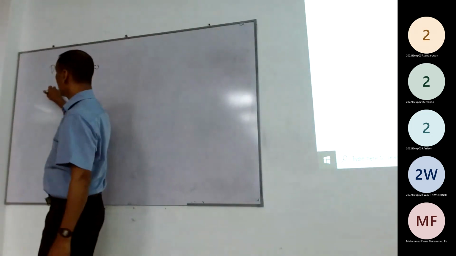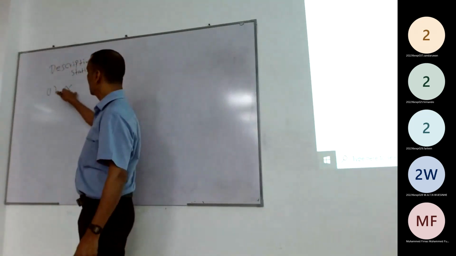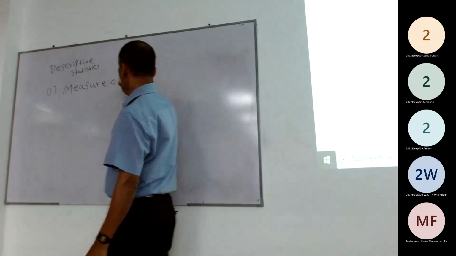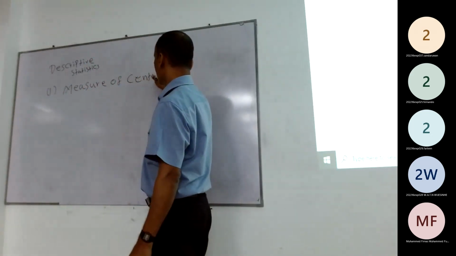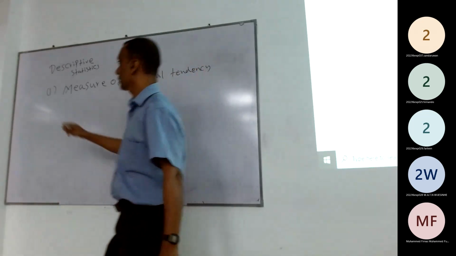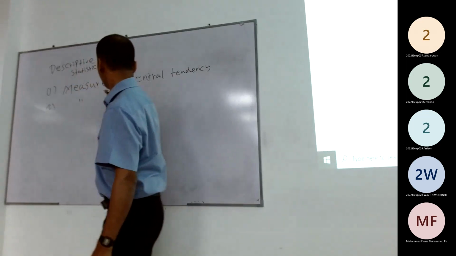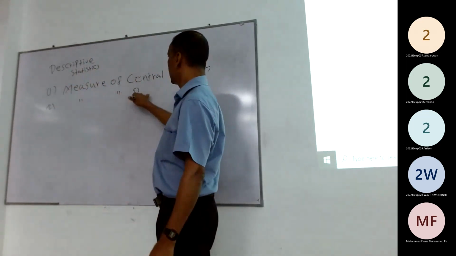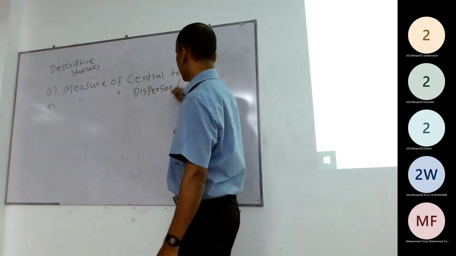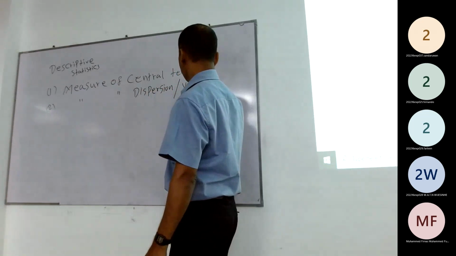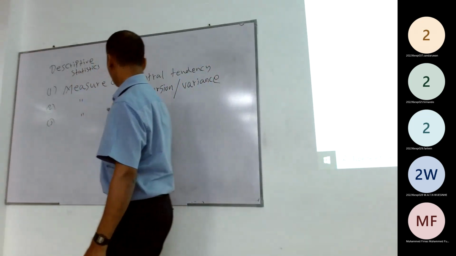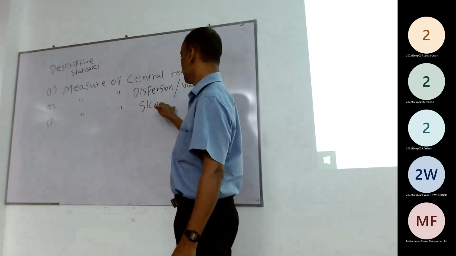Right, at the moment you have that knowledge, because in the introduction part I gave it. First, measure of central tendency. Second, measure of dispersion, otherwise variance. Measure of skewness.